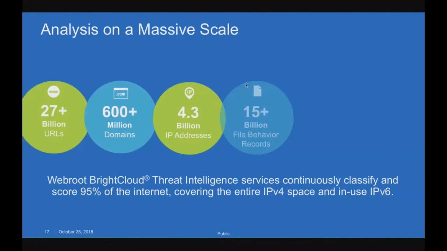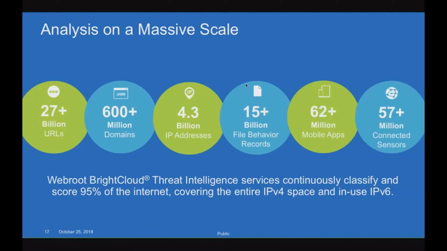All right. By the numbers, like I said, we have built a massive cloud-based infrastructure. We have 27 billion normalized URLs in our cloud database, representing trillions of individual pages. We cover all 600 million registered domains. We've got IP intelligence on the entire public IPv4 address space of 4.3 billion.